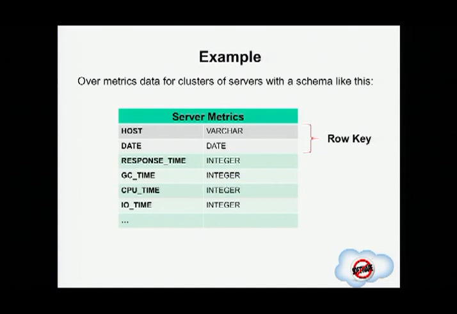And then second, you define the date. So you've got a composite key of those two columns. And then you've got your key values. These are all your metric values which you want to monitor, so GC time, response time, I/O time, things like that.